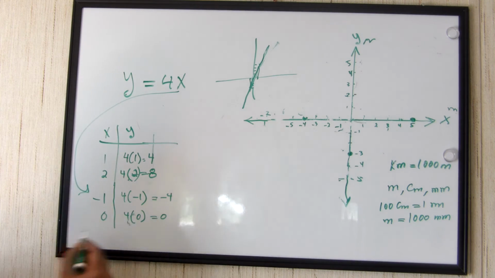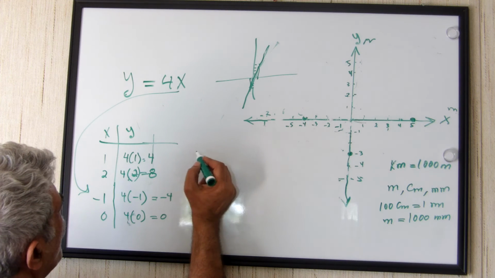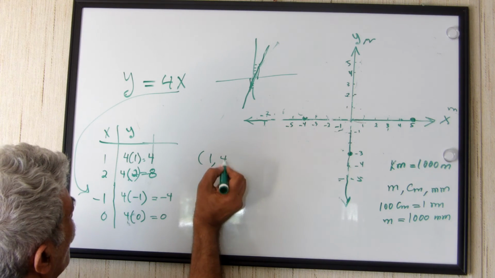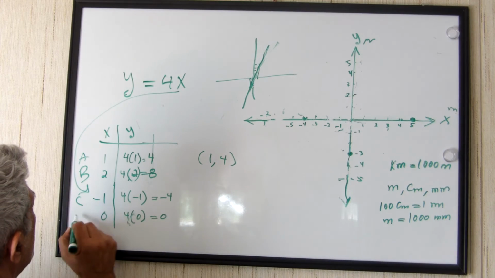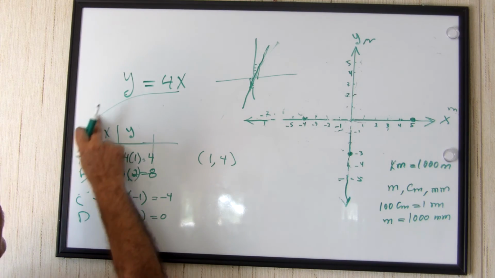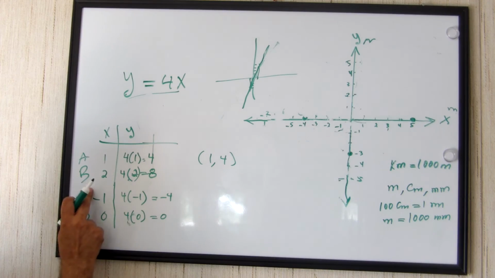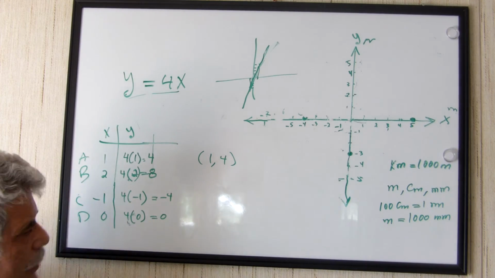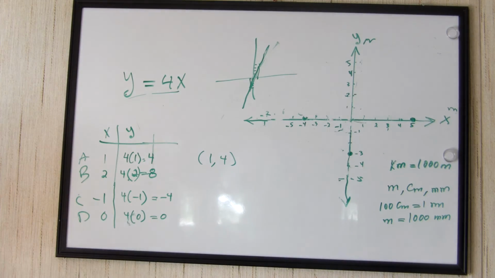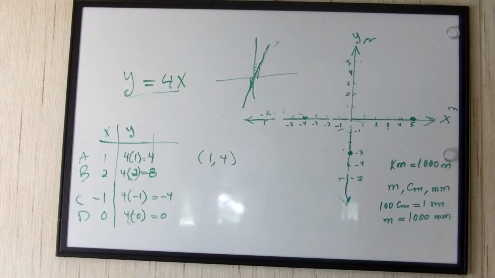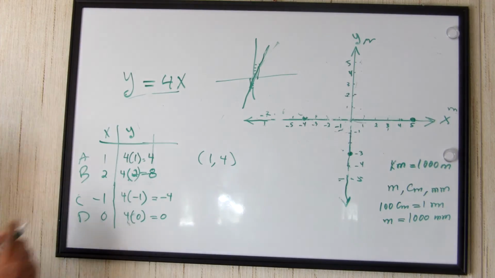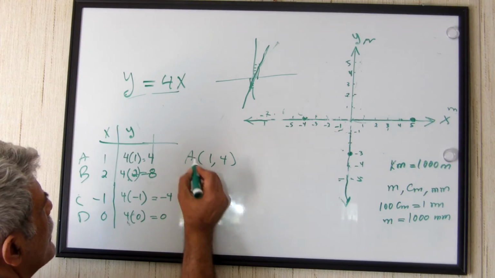Okay, we found some points, like points A, B, C, D. A has the coordinates 1 and 4.